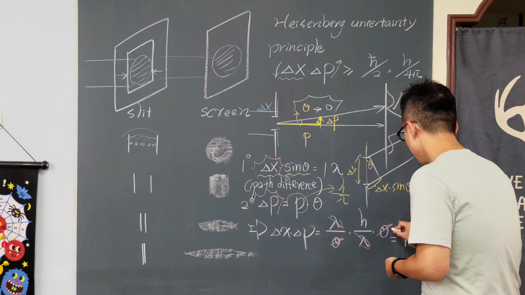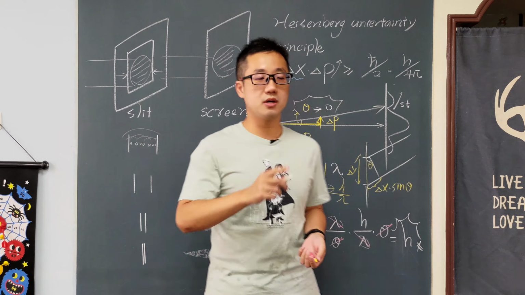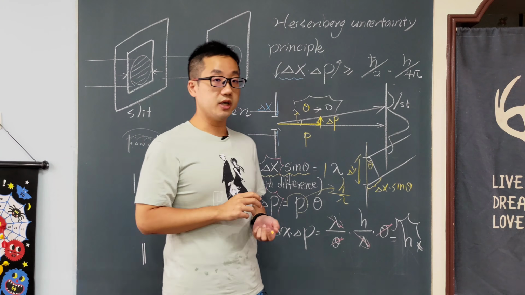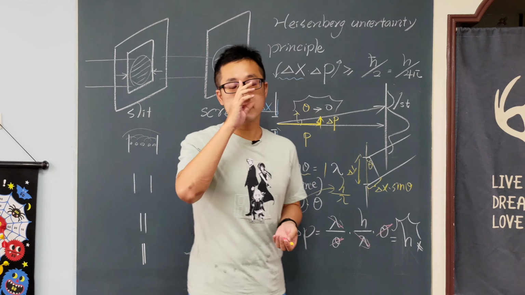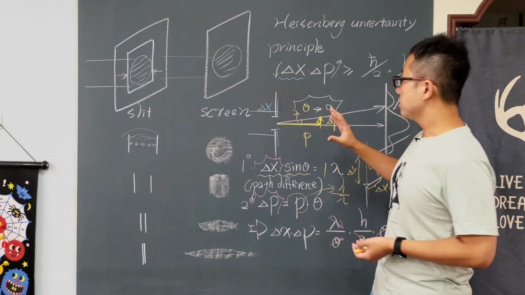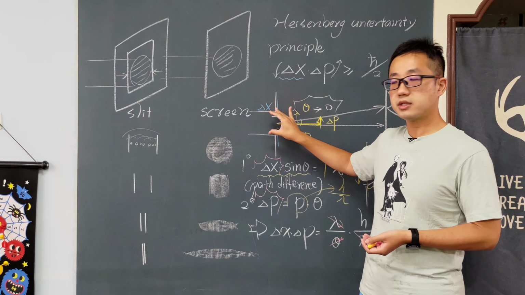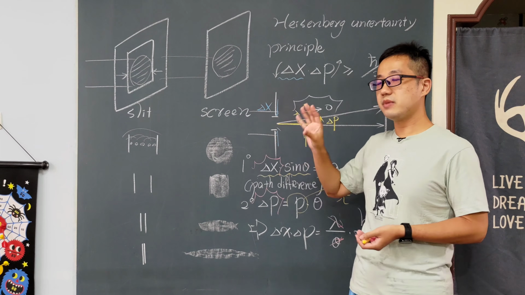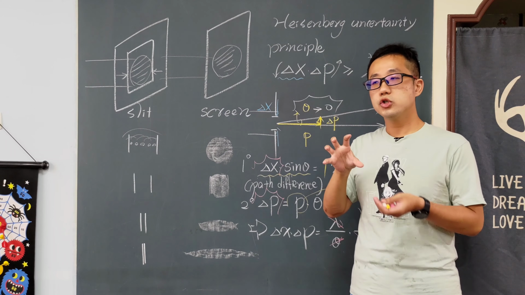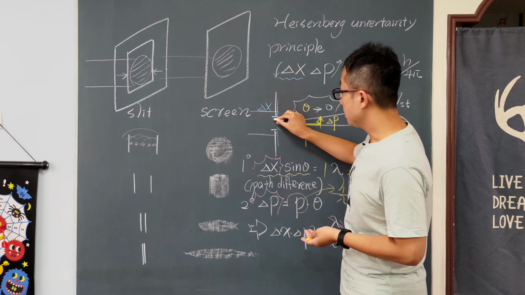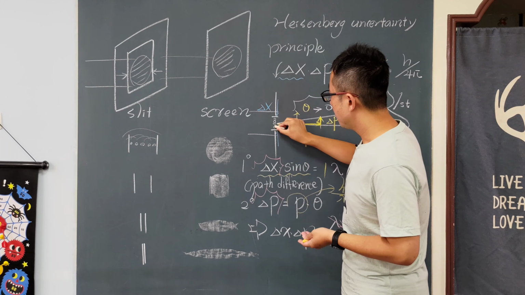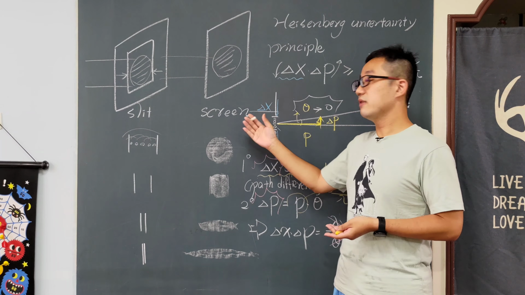This is what you are familiar with when you are in first grade in college. This is really non-intuitive. It means if you're decreasing the width of your slit, you start to know too much about the position, because the slit is the only path that your particle, whether photons or electrons, can pass through.